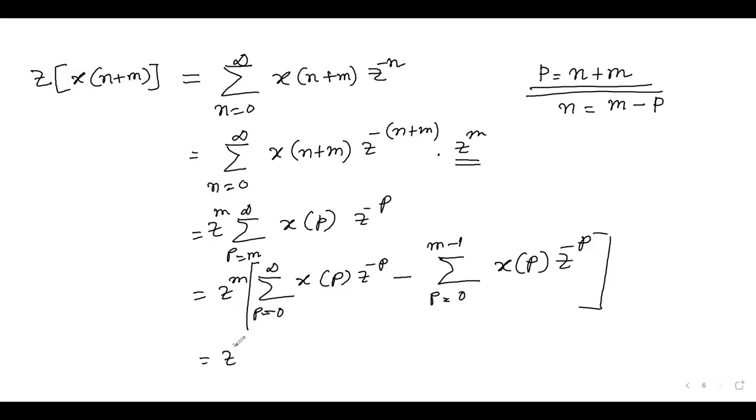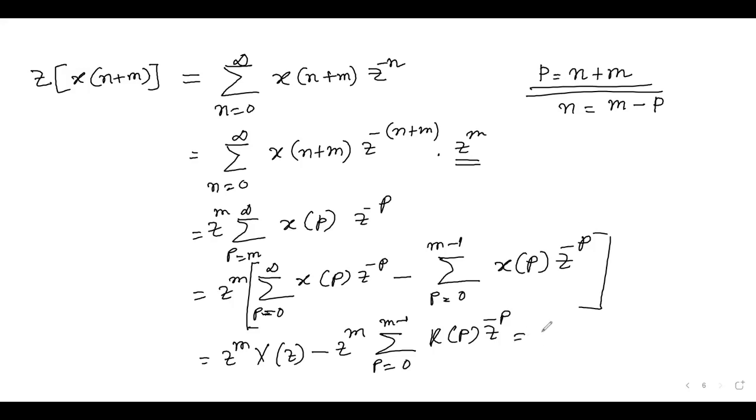Now z to the power m, this term is nothing but X(z). This is the definition of the z transform, which is nothing but X(z) minus z to the power m, summation p equal to 0 to m minus 1, x of p z to the power minus p. All right. Yes, sir.